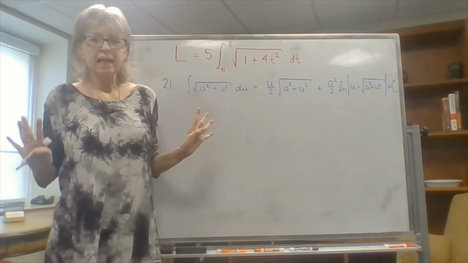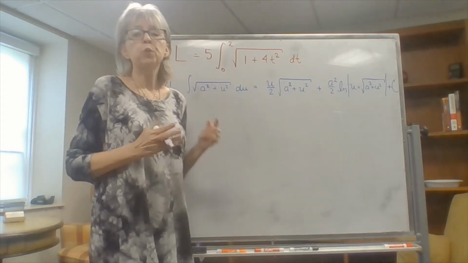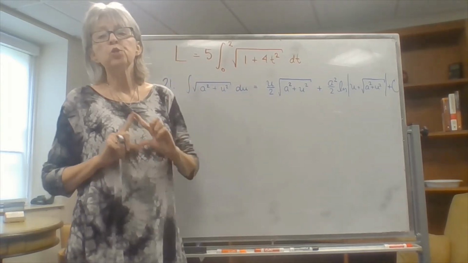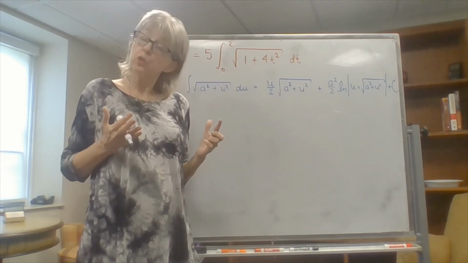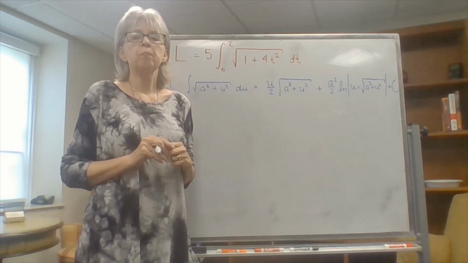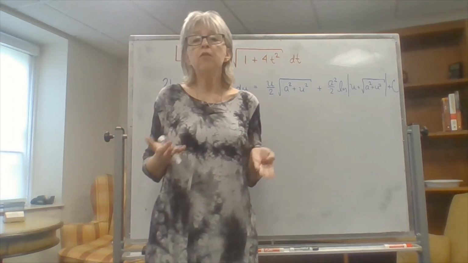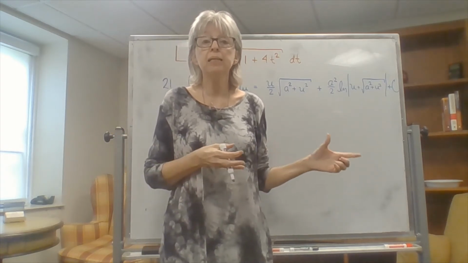Where this formula is coming from is trig substitution. And if you don't remember, when you're doing trig substitution, you always do trig substitution on a right triangle, which means the angles you're dealing with, the non-right angles, are acute angles. So in trig substitution, you never have to worry about negative lengths. You only take positive lengths.